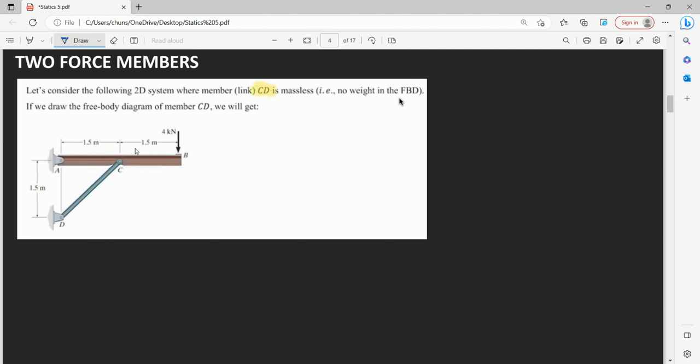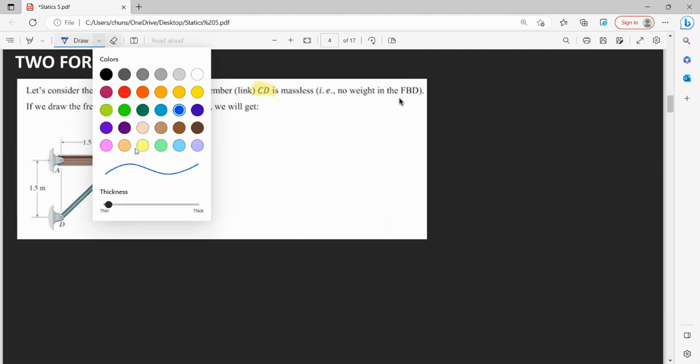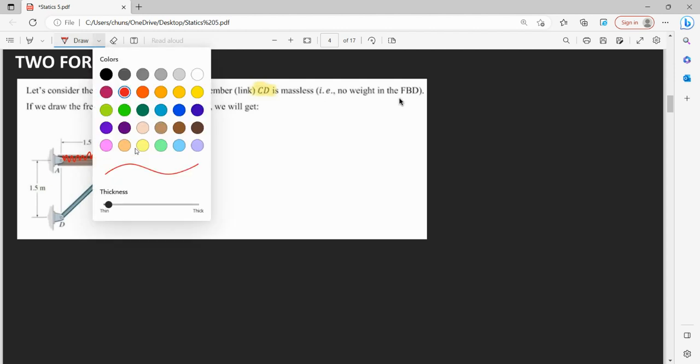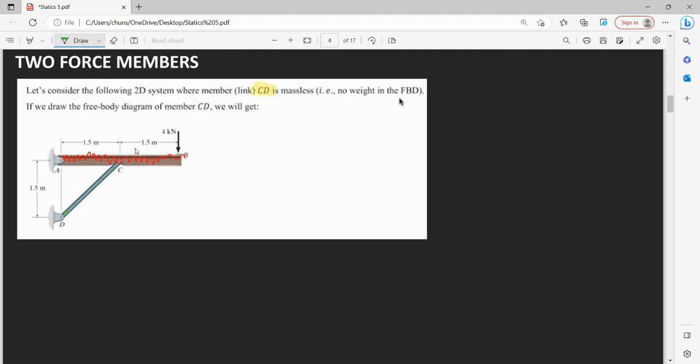So now we're going to talk about two force members. So if you consider this system here, if we were to draw out the two sections, so let's isolate this beam and this rod here in green. So I'm going to draw the beam in red.